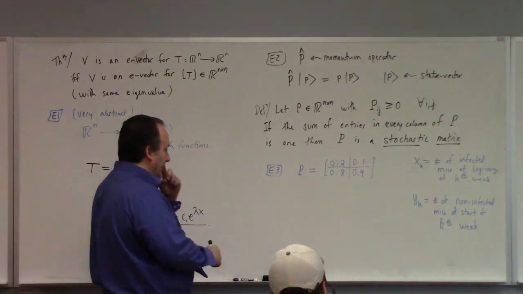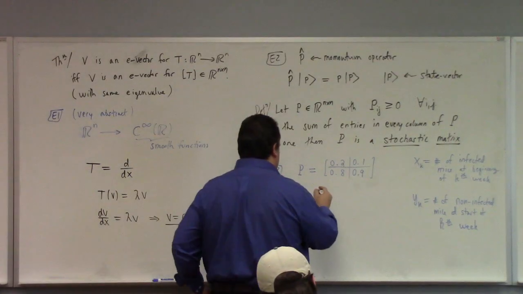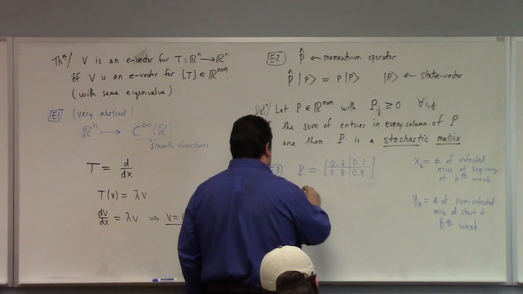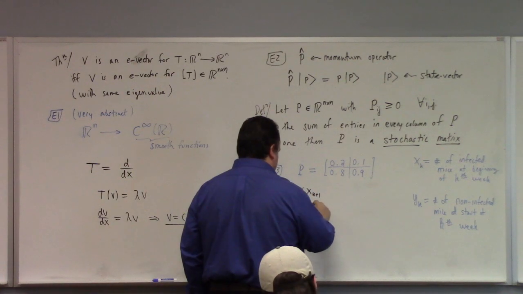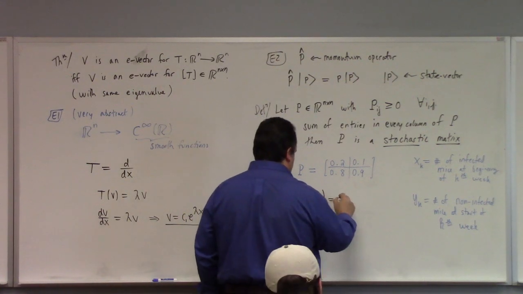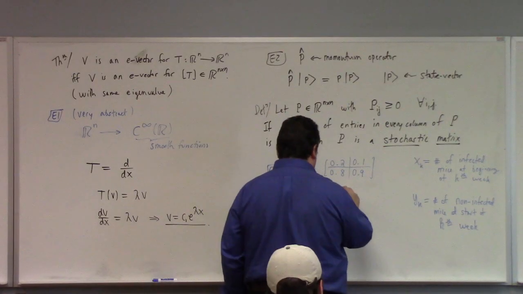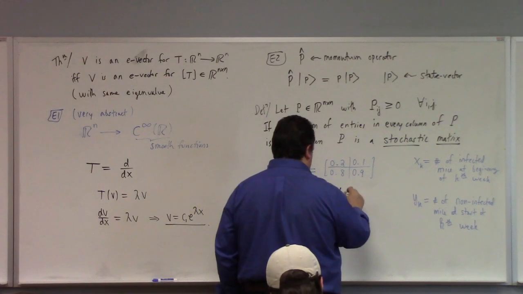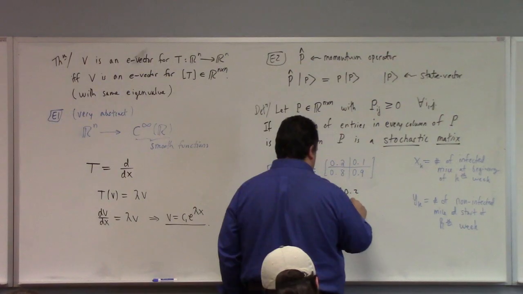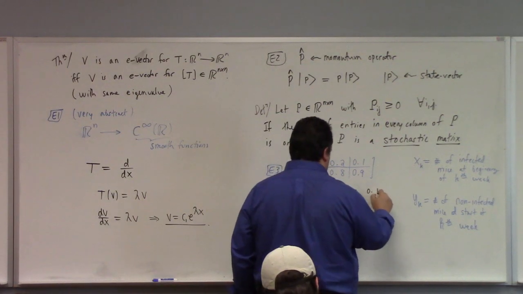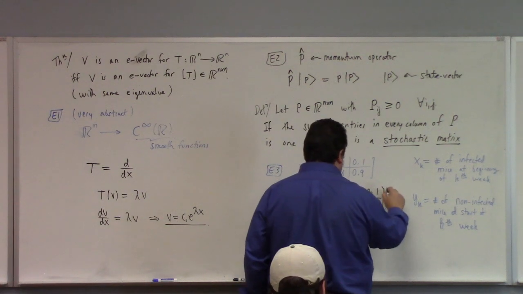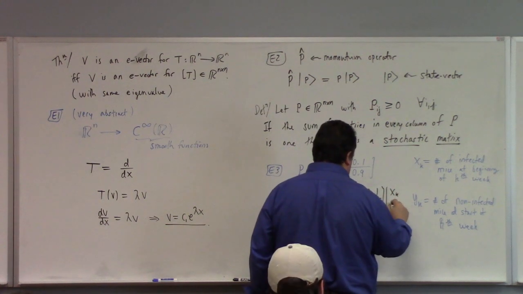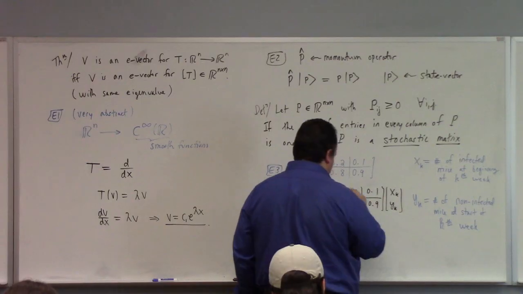Then we say that (x_{k+1}, y_{k+1}) is equal to this matrix 0.2, 0.8, 0.1, 0.9 times (x_k, y_k).